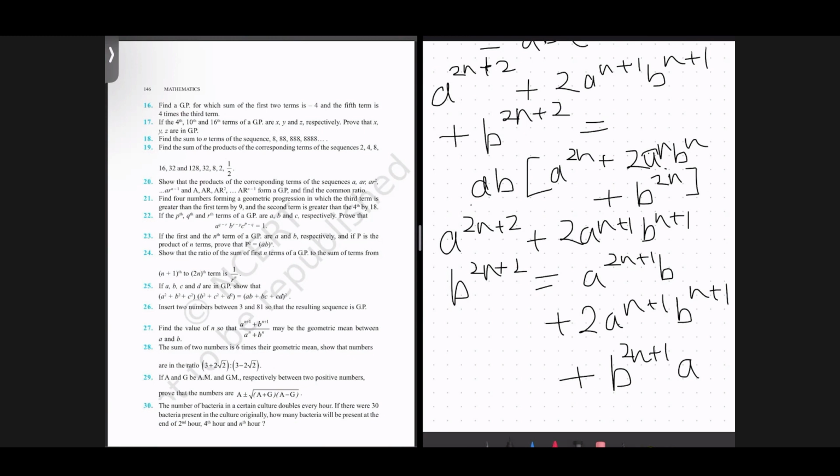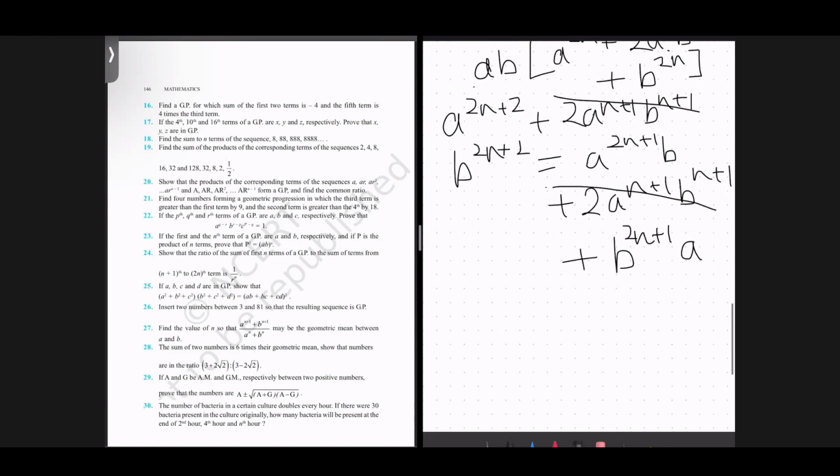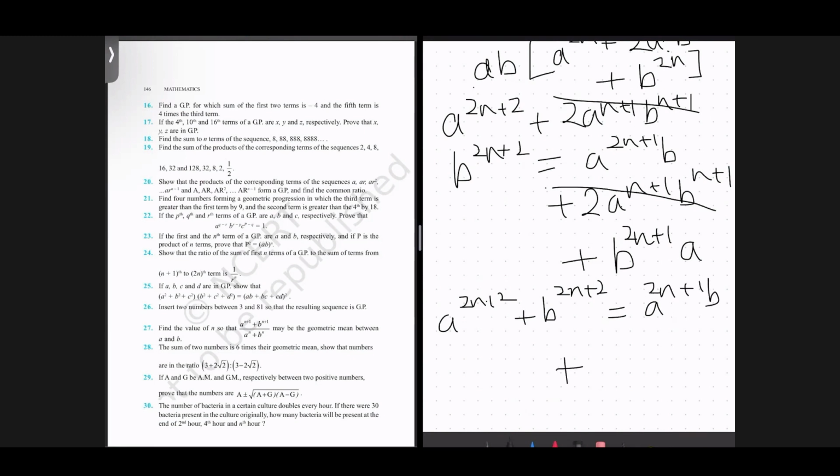So the first and foremost thing that I see is, we can cancel 2 a raised to the power n plus 1 b raised to the power n plus 1 from the LHS and from the RHS, right? So when you do that, what you're left with is a raised to the power 2n plus 2 plus b raised to the power 2n plus 2 equals a raised to the power 2n plus 1 b plus b raised to the power 2n plus 1 a.